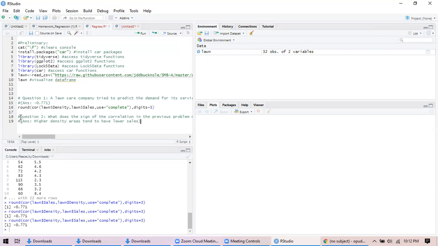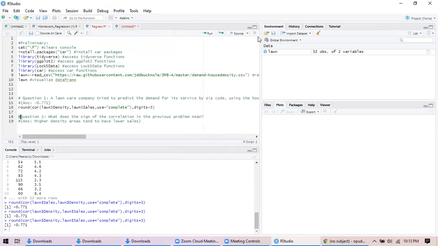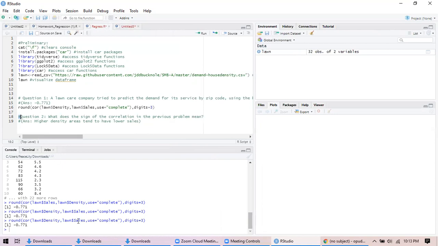So when you do this, what's this asking? Okay, it asks what the sign of the correlation in the previous problem means.